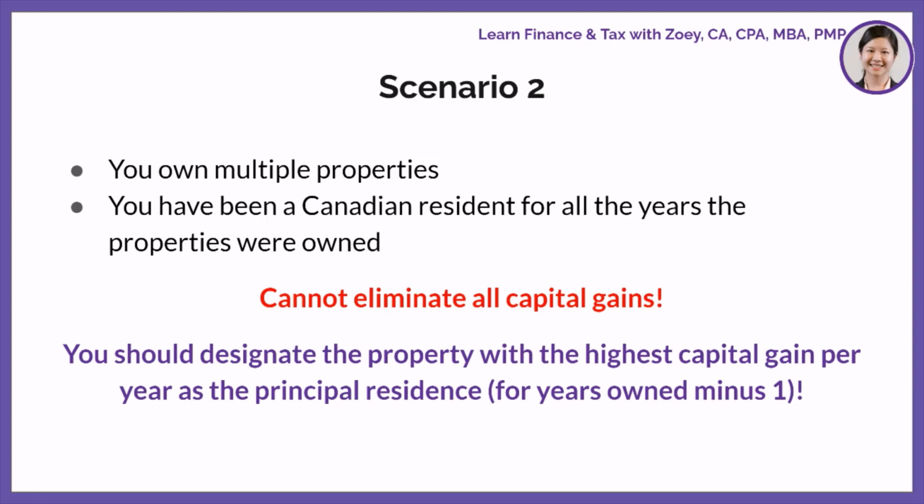Why minus 1? It is because you'll be able to take advantage of the 1 plus in the PRE formula. If your situation is very complex, you should consult with a professional.